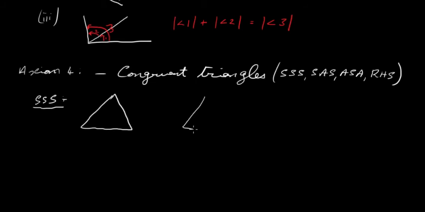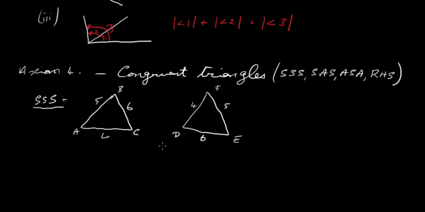So if we have two triangles like this, and we'll call them A, B, and C, and we'll call this one D, E, and F, and let's say this is 4, 5, 6 here, and this is also 4, 5, and 6.